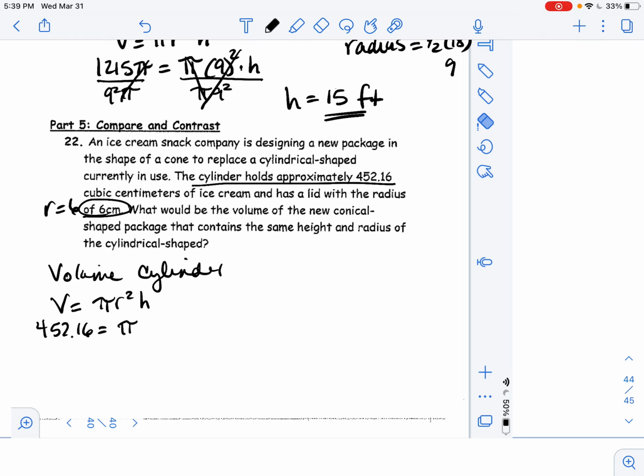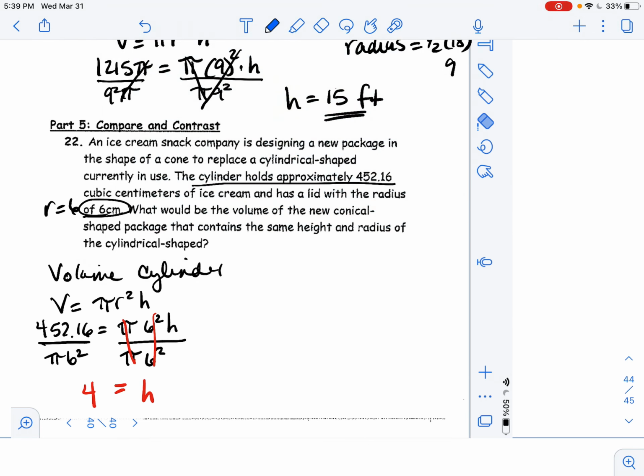We know it's 452.16. And the r is 6. We need to figure out what the h is. So if I divide both sides by pi times 6 squared in my calculator, pi and the 6 squared will cancel. h is going to equal 452.16 divided by pi divided by 6 squared. So we know that the height is approximately 4.